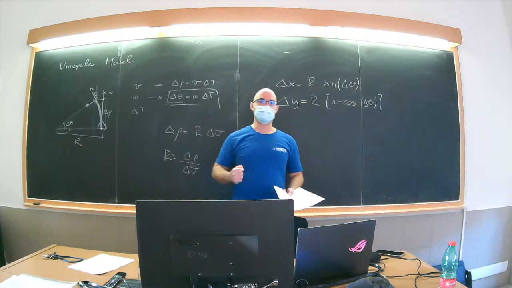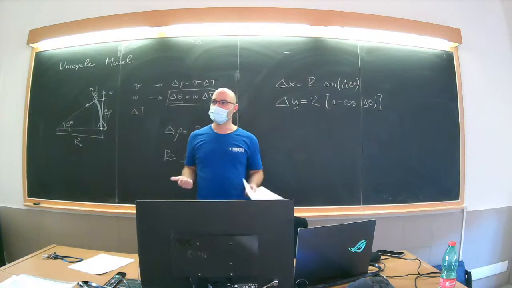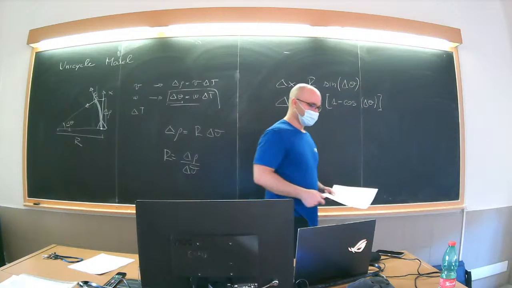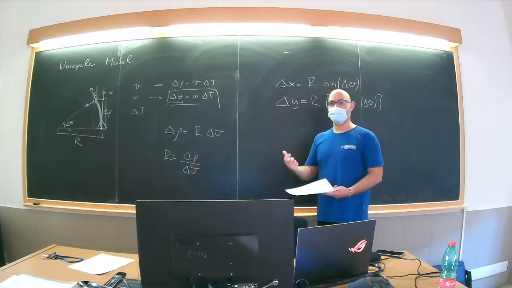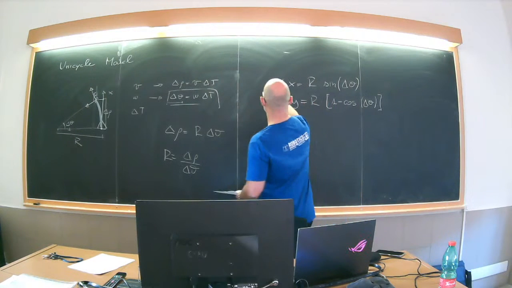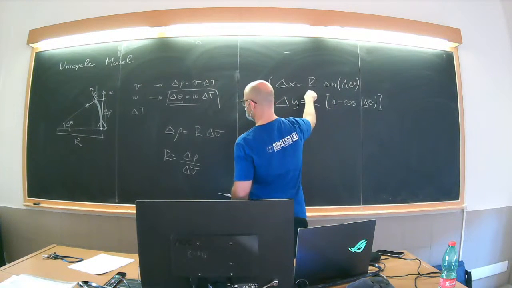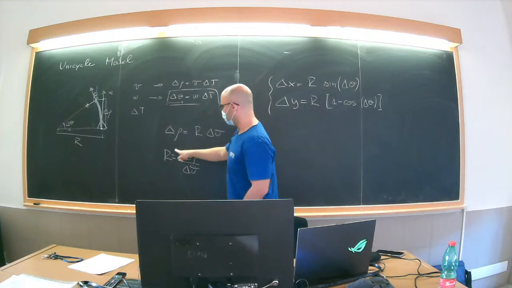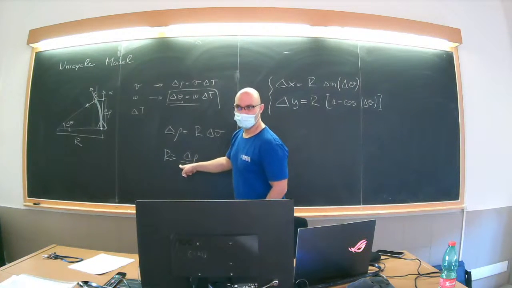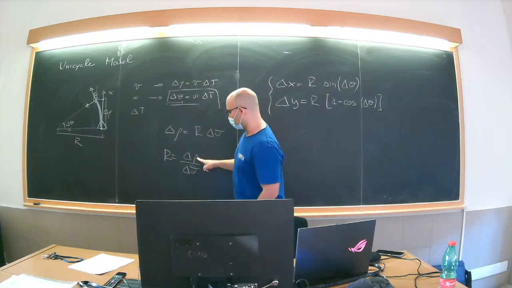So an infinity is not really intrinsically present in the formulation. So what we could simply do is, in these two equations over here, replace R, explode the definition of R, and use this expansion over here. Describe R as delta rho over delta theta.